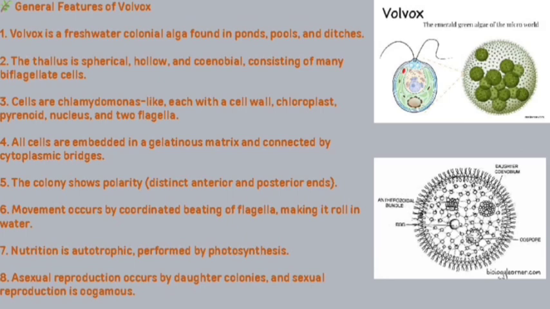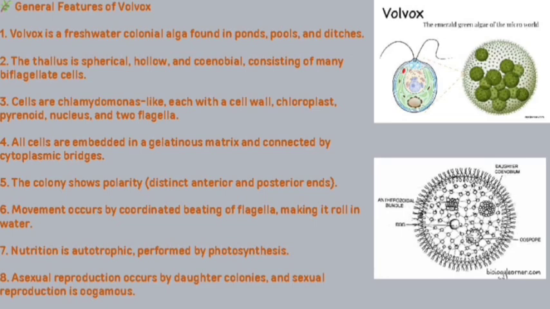Now moving forward, let us talk about the general features of Volvox. Volvox is a freshwater colonial alga that can be found in ponds, pools and ditches. The thallus of Volvox is spherical, hollow and coenobial, consisting of many biflagellate cells. Cells are Chlamydomonas-like, each with a cell wall, chloroplast, pyrenoids, nucleus and two flagella. All the cells are embedded in a gelatinous matrix and connected by cytoplasmic bridges.